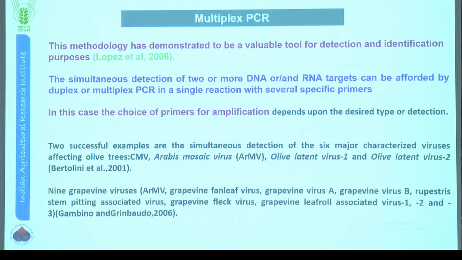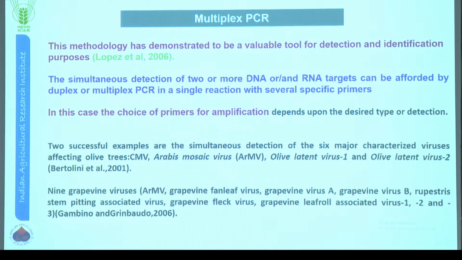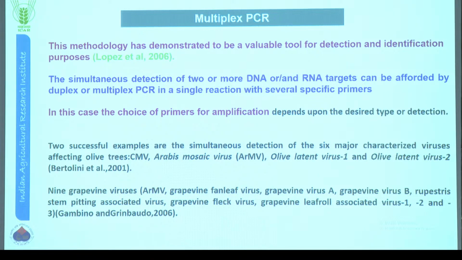In the same way, another technique is multiplex PCR. There is nothing different in multiplex PCR. Basically, with PCR we identify one pathogen, while with multiplex we can identify more than two fungal plant pathogens.